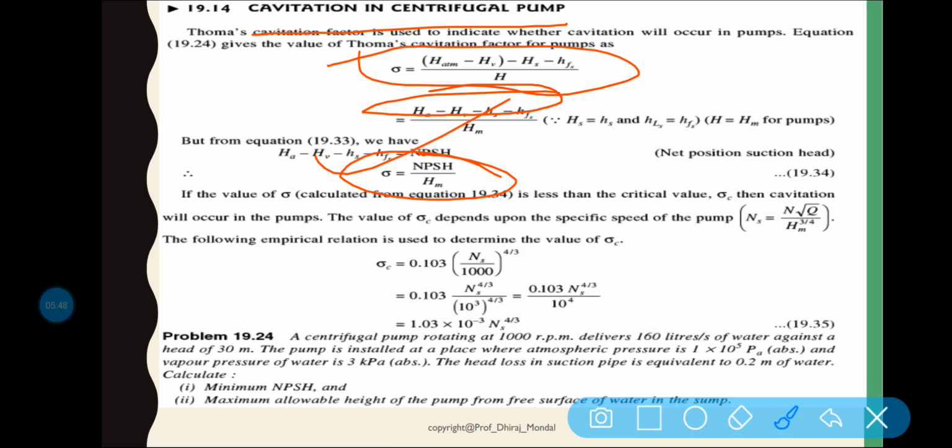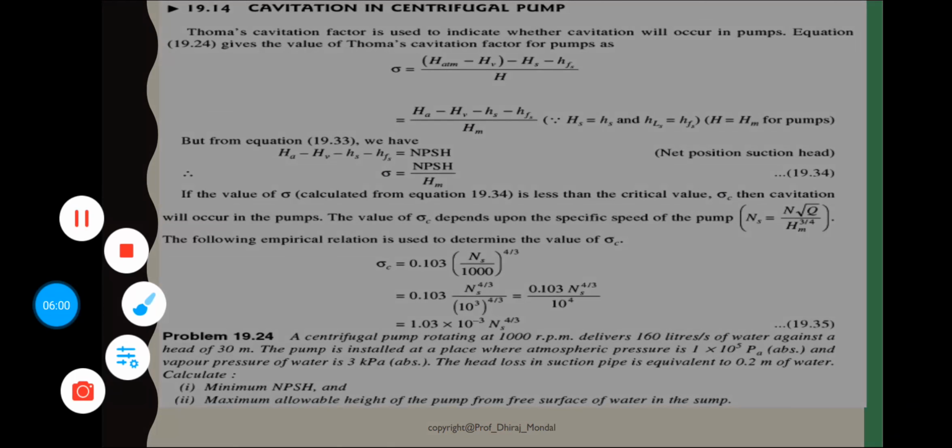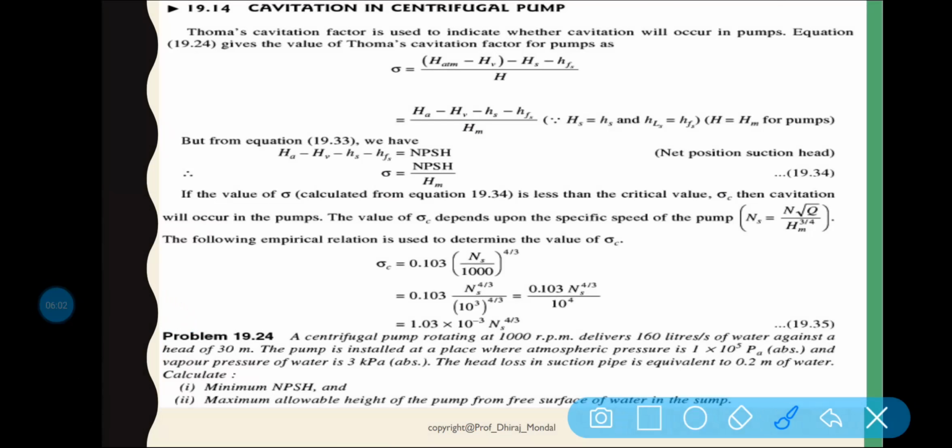Again you know that the specific speed ns is equal to N root Q. Now if the value of sigma is less than the critical value, called sigma c, cavitation will occur, and the value of sigma c depends upon the specific speed.